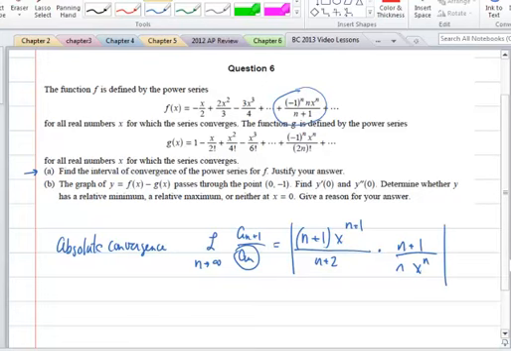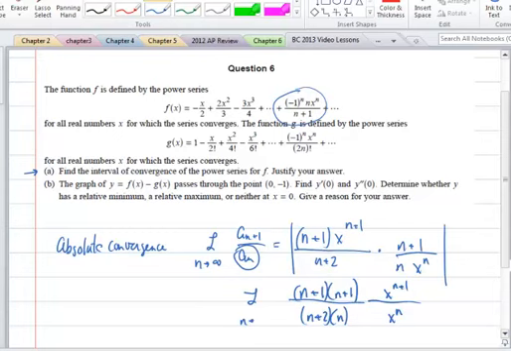So I like to collect terms. I just have to make sure I write my n's better. So I'm going to have n plus 1 times n plus 1 over n plus 2 times n, and in the other fraction I'm going to have x to the n plus 1 over x to the n.